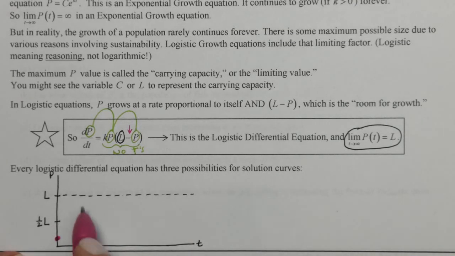Whatever that is, it's given to us, and it's below 1/2 of L. If it is, then our curve is going to look like this. Think about this. We start here.